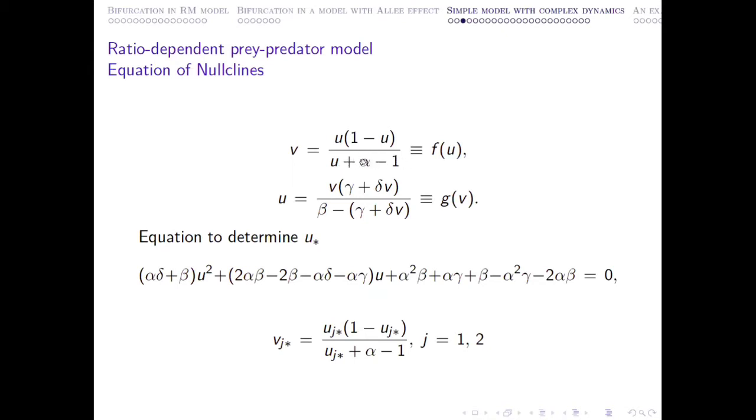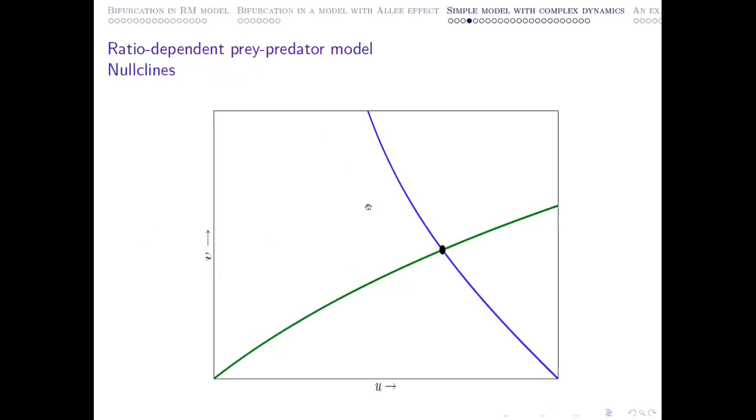But if your alpha is less than 1, then there is a possibility that u equal to 1 minus alpha is a vertical asymptote. And interestingly, if alpha is equal to 1, then this is 0, this u cancels with this one, and you will have a simple state. So what will happen is that depending upon the parameter values, you can find different possible shapes of the null clines.